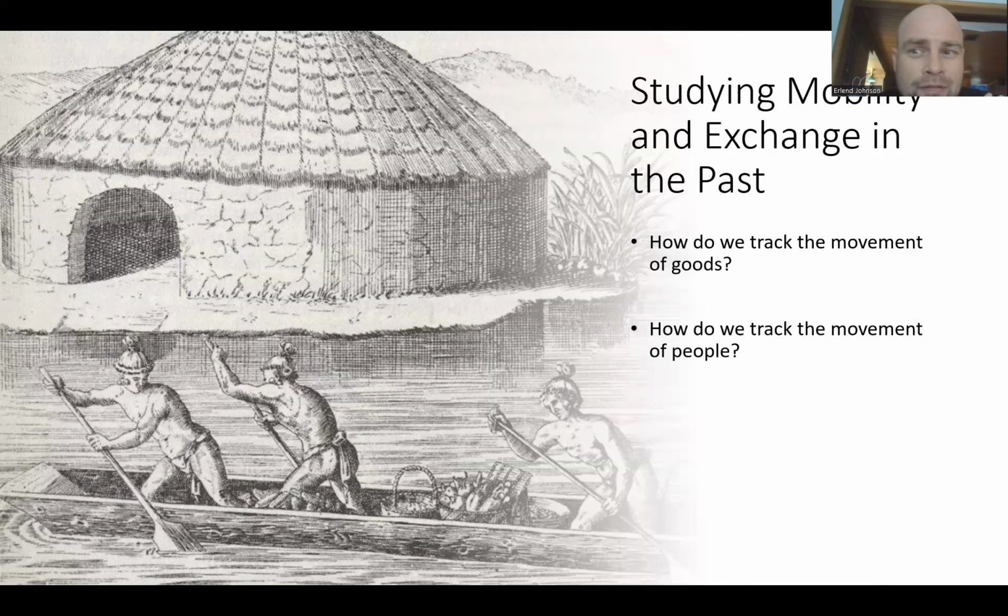And how do we figure out how people are moving things? So, are there large scale colonizations where people are bringing things with them and building things like they had before? Is it trade? These are all different things to think about. We'll get into them a little bit in this lecture, at least in some superficial ways.